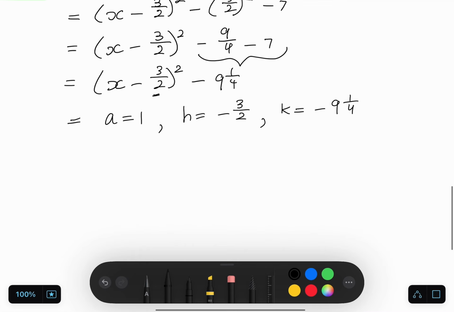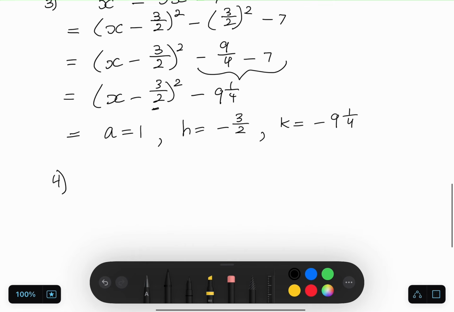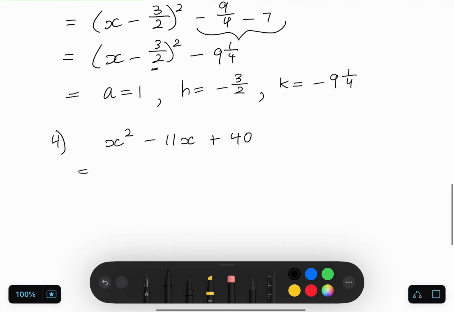And let's do one more example. This one, x squared, we're going to use one where the coefficient of x is not even, so 11, right? Plus 40. The coefficient of x squared here is 1, so I could go ahead and complete the square.